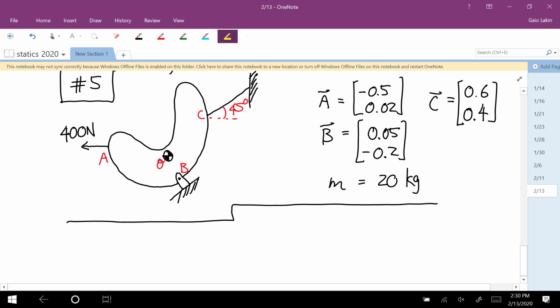Or if these were two bodies, which we're not really doing yet for rigid bodies, but if this was body one and this was body two, you would write that force as F12, the force on body one by body two. But if it's just a force applied by the ground, since there's never really going to be a time that we want to isolate the ground, then you can just call that R or F or whatever.